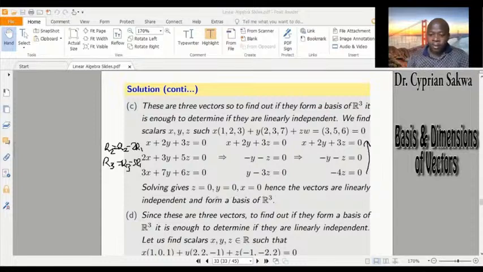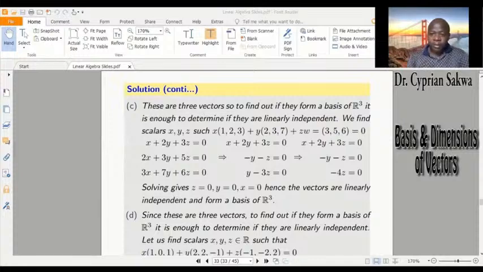And therefore, those three vectors would form a basis of R3. We did not need to determine whether they span, because we already know that these were three vectors in R3, so since they are linearly independent, they'll automatically span.